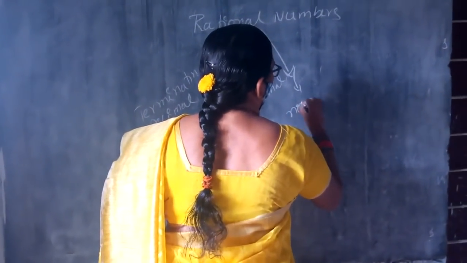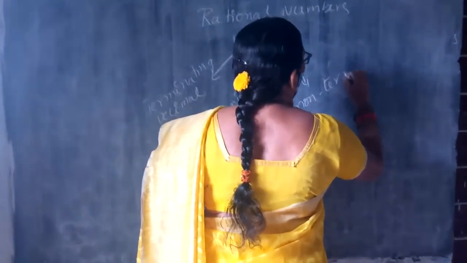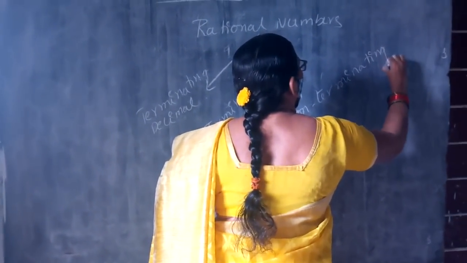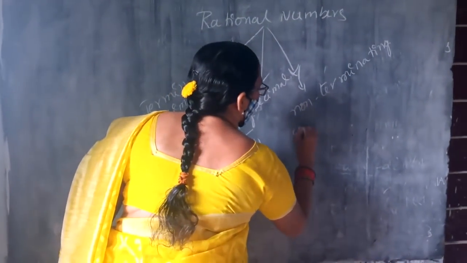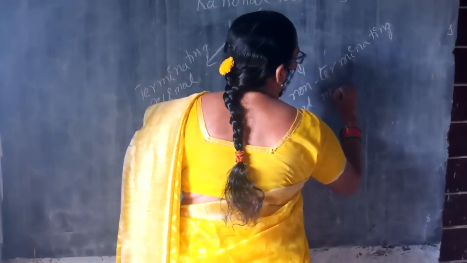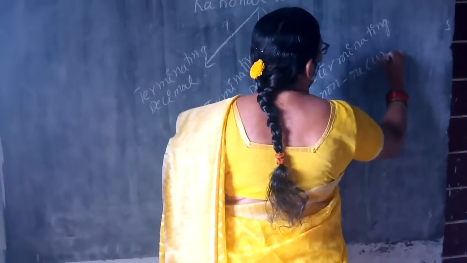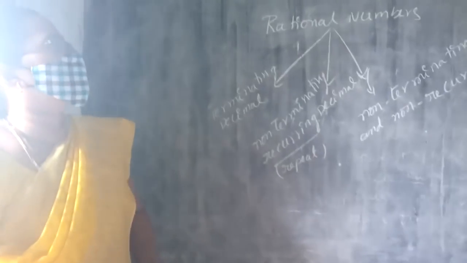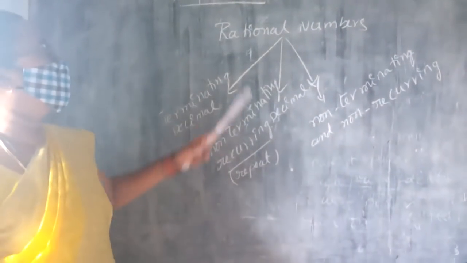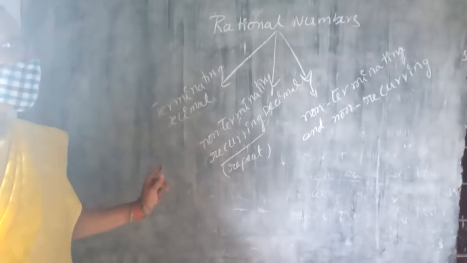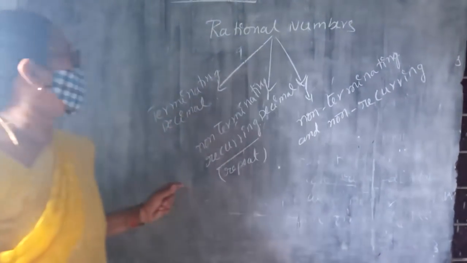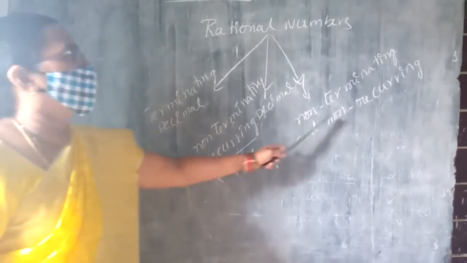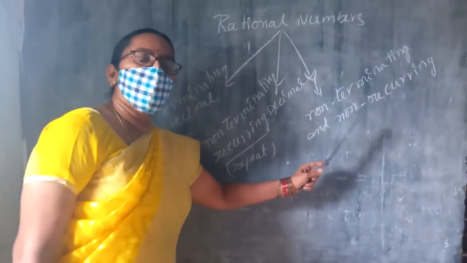Non-terminating and non-recurring. Okay? The process, we can change the rational number into decimal number. The results are in three ways. That is terminating decimals, non-terminating recurring decimals, non-terminating non-recurring decimals.